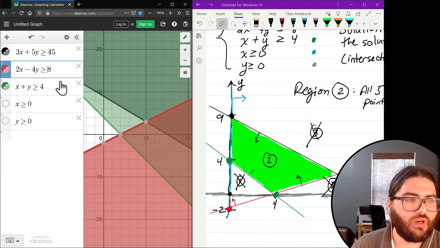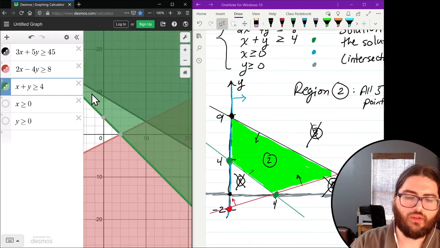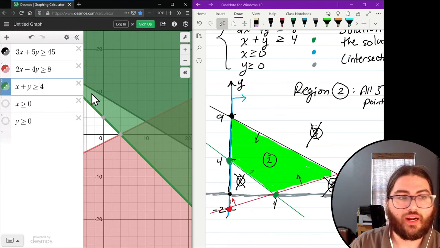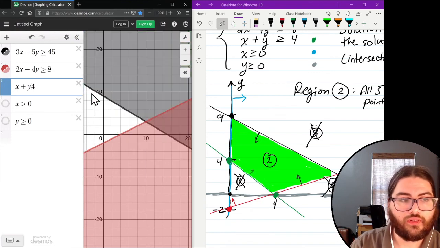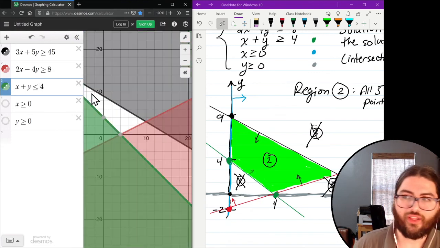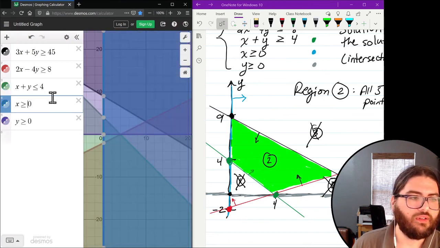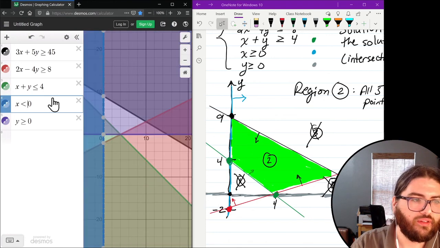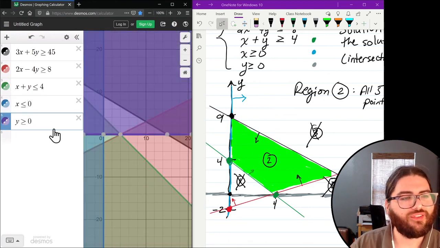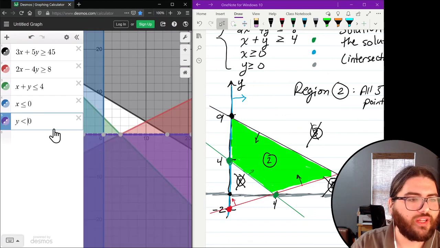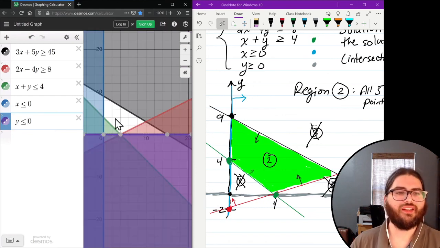That's what I don't want. For line number 3, I want the greater than, so let me shade the less than. I want the greater than, so I'll shade the less than. You see how this is like reverse psychology. I'm shading what I don't want.